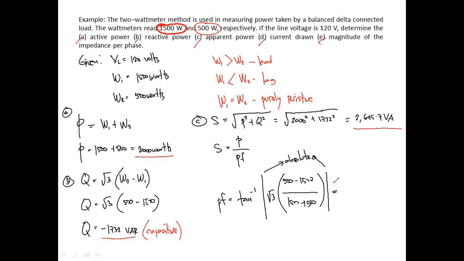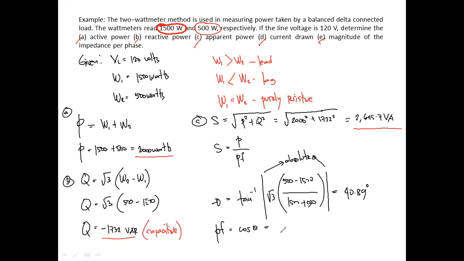By calculating directly, by the way, this is theta, so this isn't yet the power factor. The power factor can be calculated as cosine of theta.